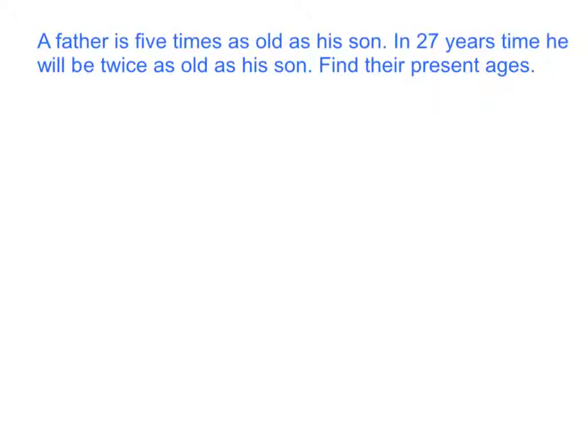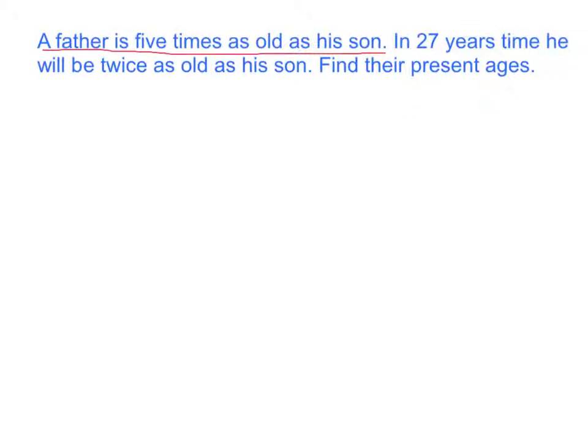Now for this particular question, we've got a father is 5 times as old as his son, and in 27 years' time he'll be twice as old as his son. We need to set up some equations from this. So the first one, a father is 5 times as old as his son, is the first bit.